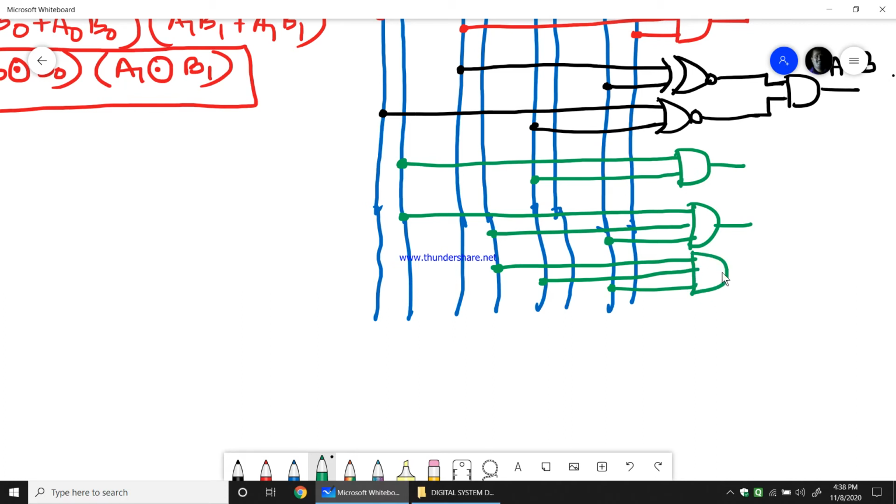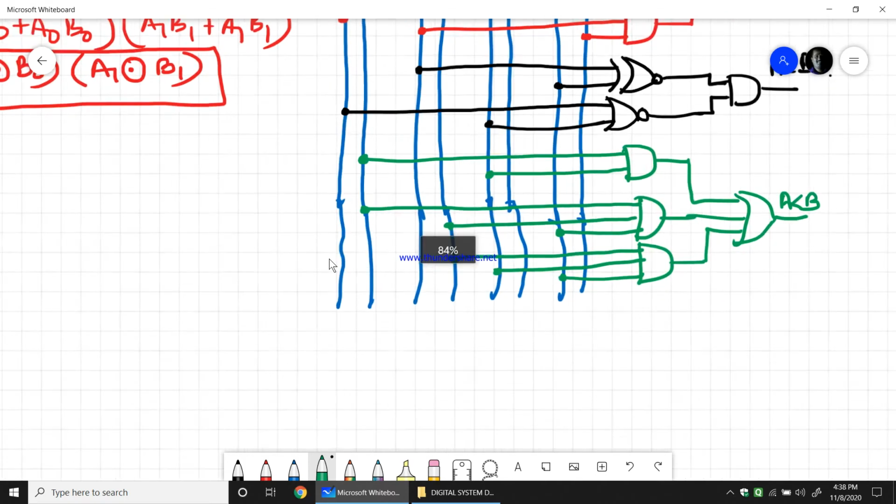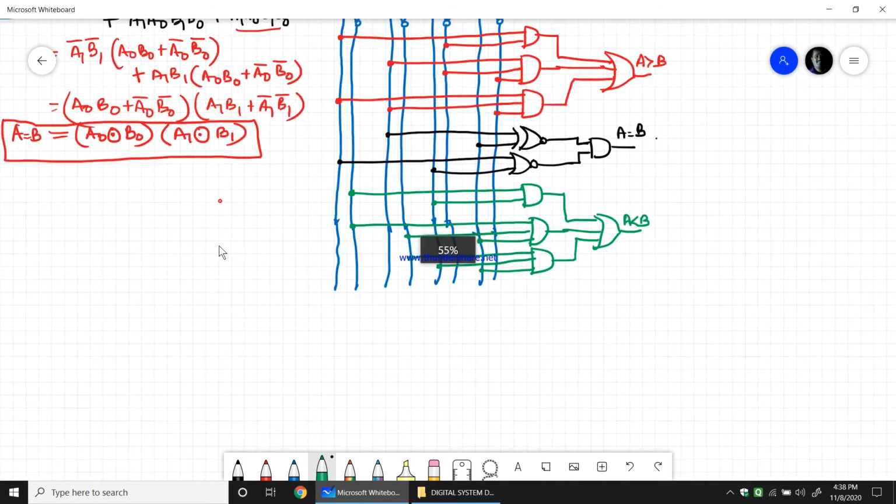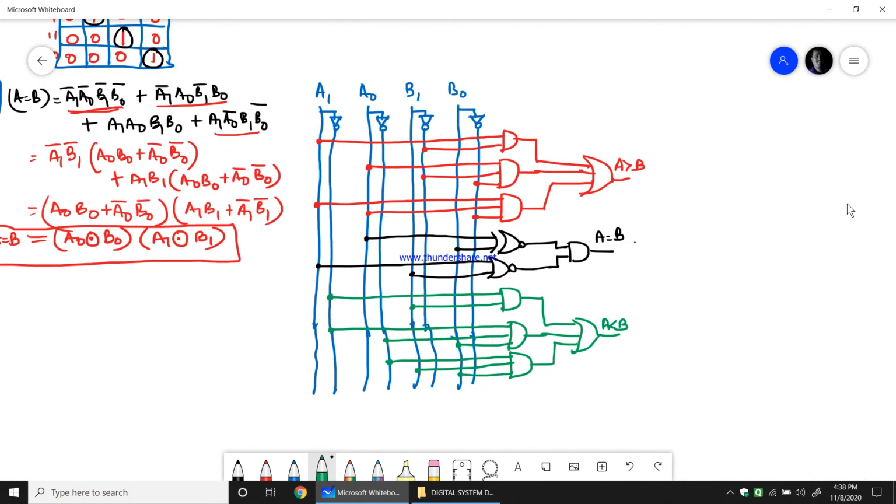So these three will now go to an OR gate, and this is nothing but A less than B. So therefore, this is the final diagram for A greater than B, A equals B, A less than B for 2-bit comparators.